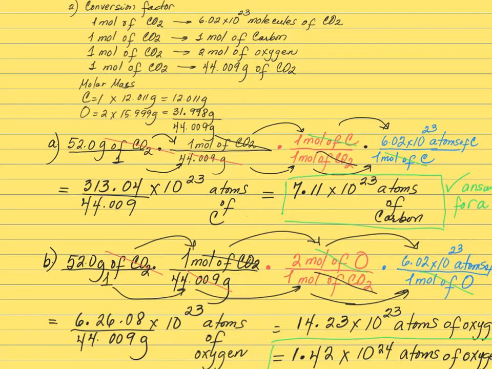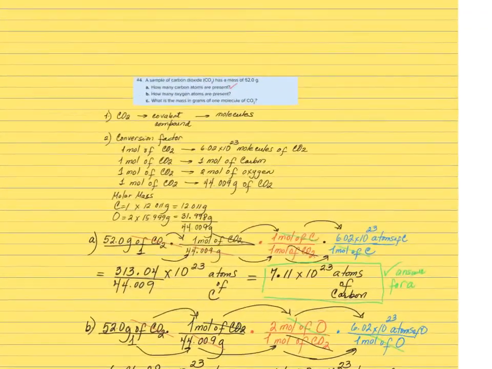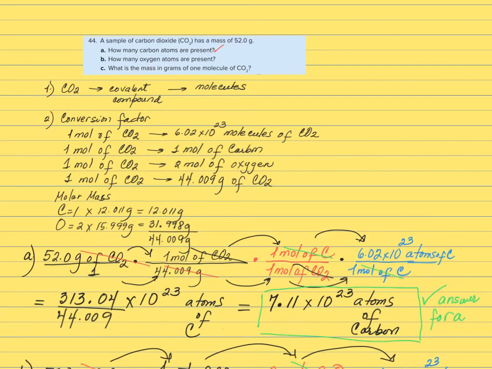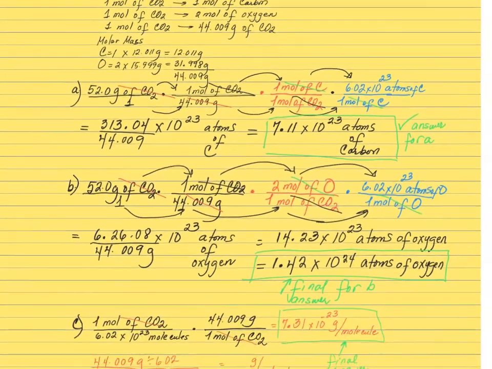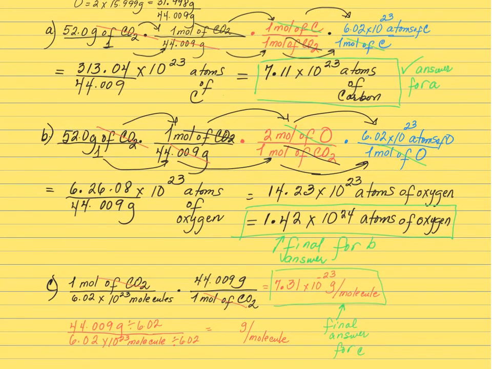Now, for B, they want to know how many oxygen atoms are present. And I'm going to do the same, because I want you to see the setting up of the conversion factor.